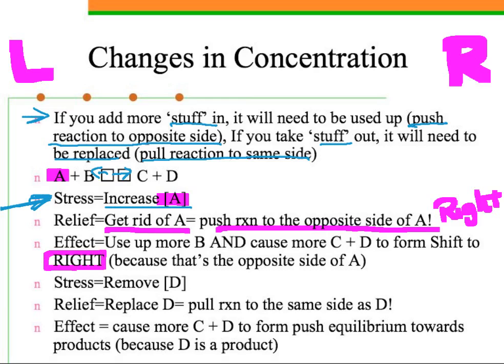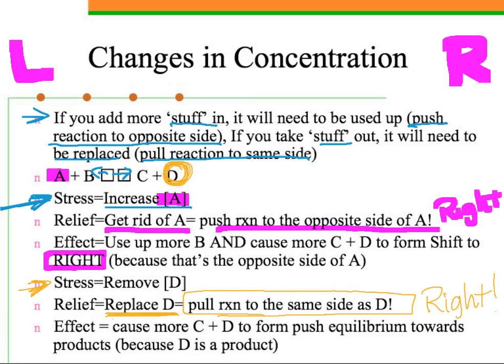Second example, what if we remove D? So here's D right here. If we remove D, the relief would be to replace it. If we're trying to replace D, then that means we're going to pull the reaction to the same side as D. Since D is on the right, we're going to again shift the reaction to the right.